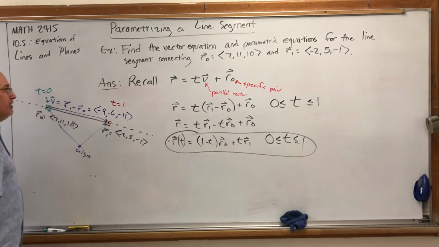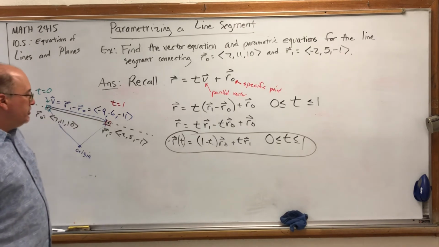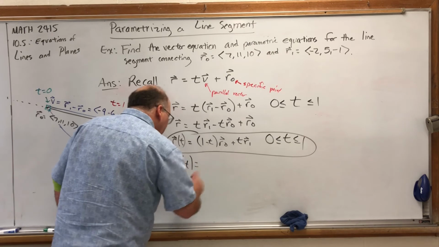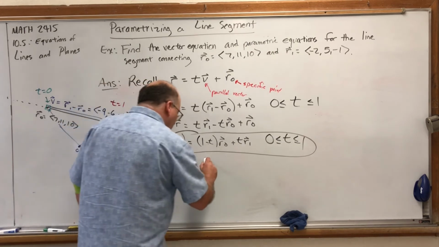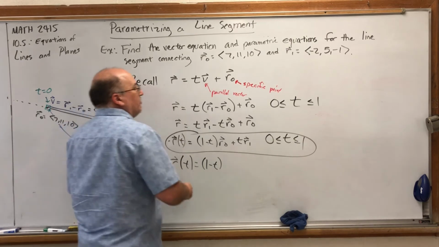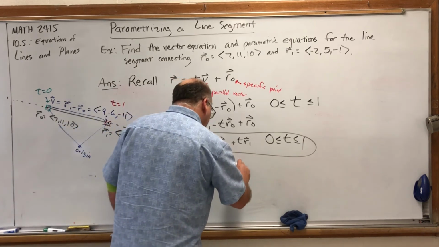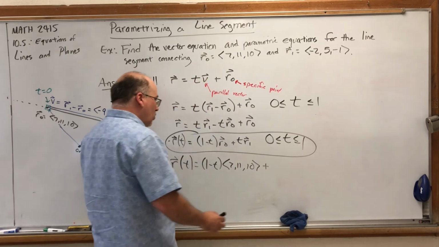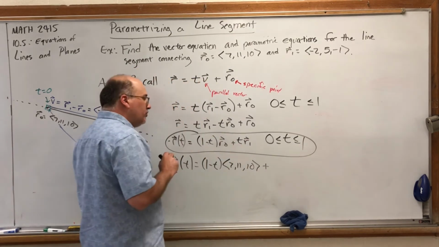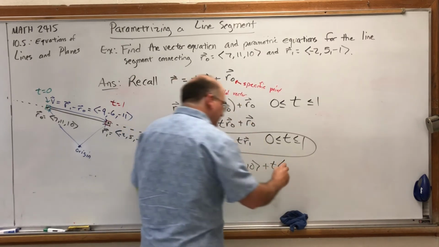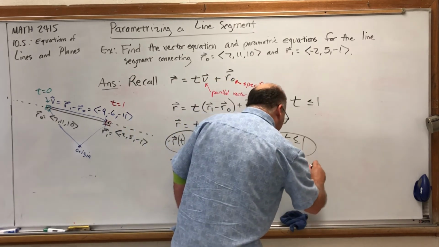So for this particular example, I guess we owe it to do it, our parametric equations, or equation in vector form, would be 1 minus t times R0, which was 7, 11, and 10, plus t times R1, which was -2, 5, -1.